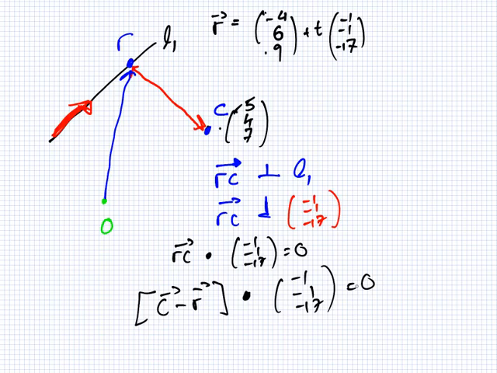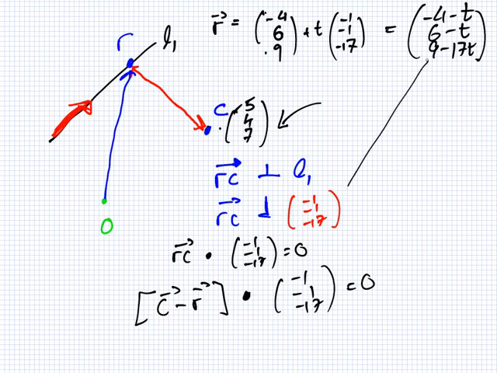Do you know C? Yes. And do you know OR? It's minus 4 minus t, 6 minus t, 9 minus 17t. So we'll do this one minus this one. So what do I get here? Minus 1 minus minus 4. Why are you minusing that one? Because there's a minus here. Can you write that down?